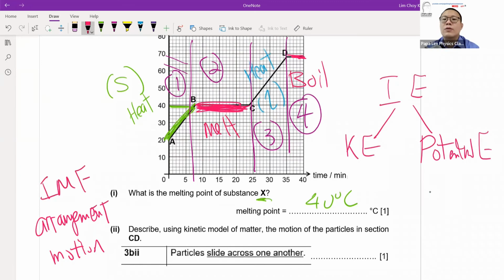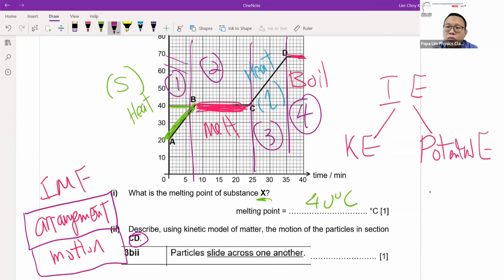For example, if I'm looking at liquid, CD, in terms of arrangement, the particles are moving. They are close to each other, but they are able to move. They are able to slide across each other, over one another.